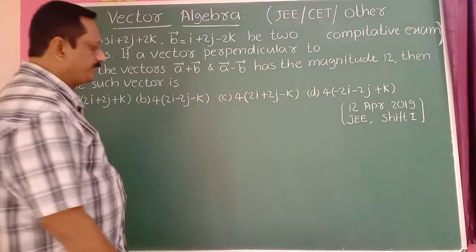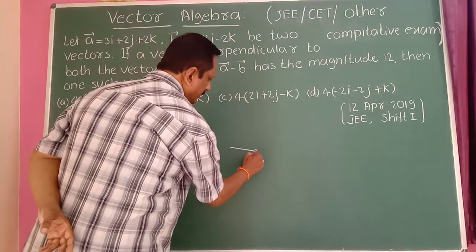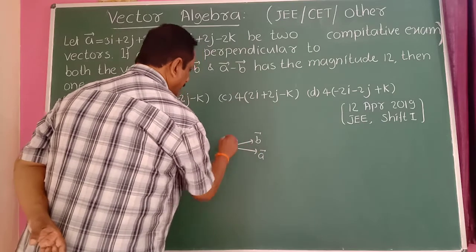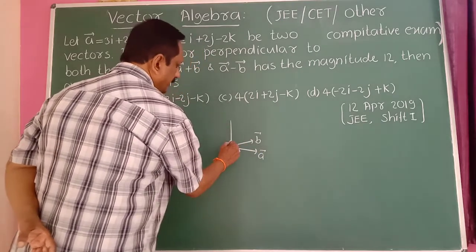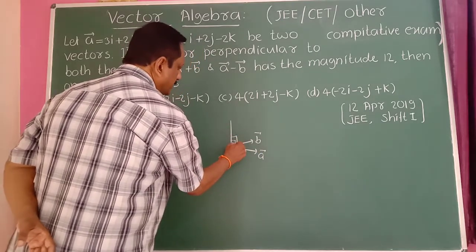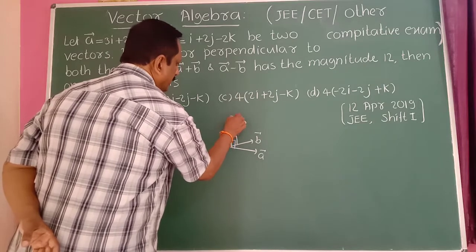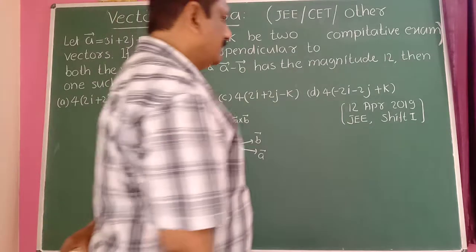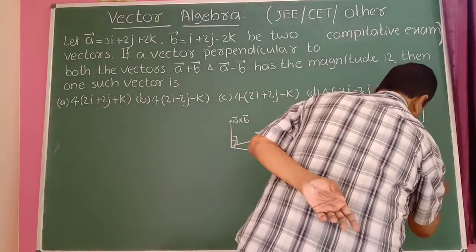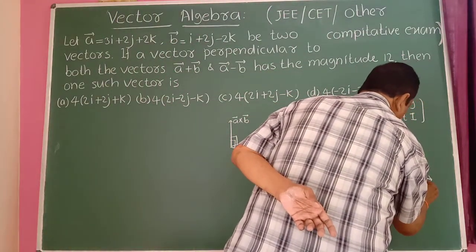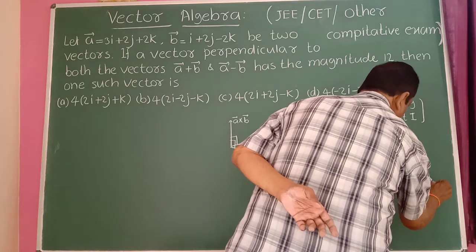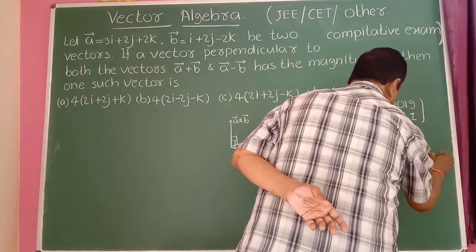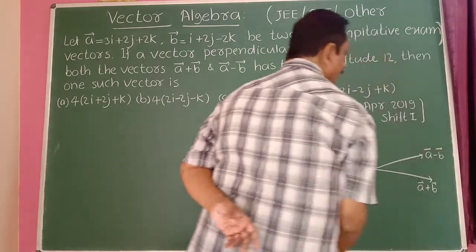Okay, you know that suppose a bar is the one vector here and b bar is the other vector, then this is the vector here. It is perpendicular to both a bar as well as b bar and it gives a bar cross b bar here. Therefore, in this case, this is one vector here, a bar plus b bar, and this is the other vector, a bar minus b bar here.